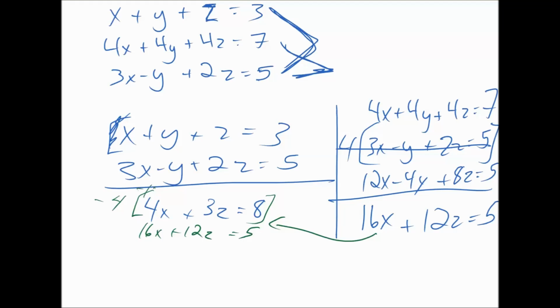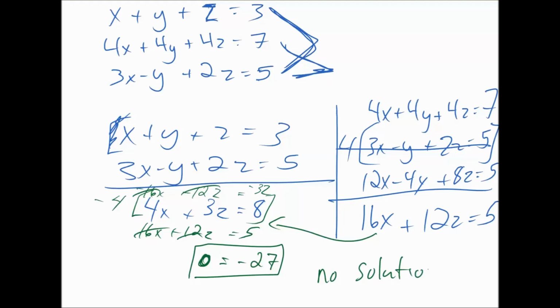So we're going to get negative 16x minus 12z equals negative 32. See, now 16 and negative 16 cancel, negative 12 and 12 cancel. It leaves us with 0 on this side. Then we say 0 equals negative 27. This is impossible, so whenever this happens, like you know from section 3.1, this is no solution. This cannot occur.